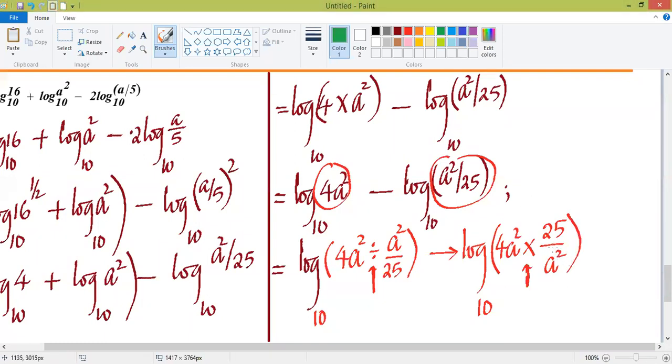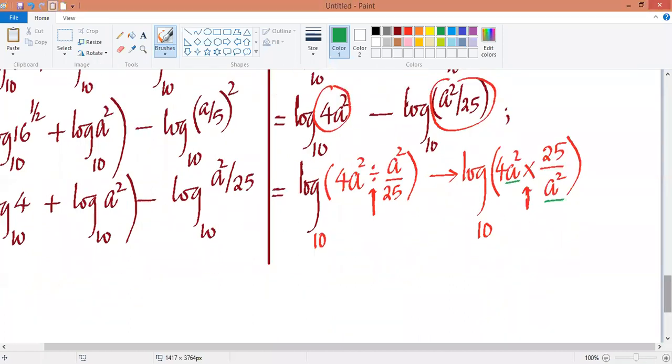That is where the a squared cancels, so you remain with 4 times 25, which is 100.